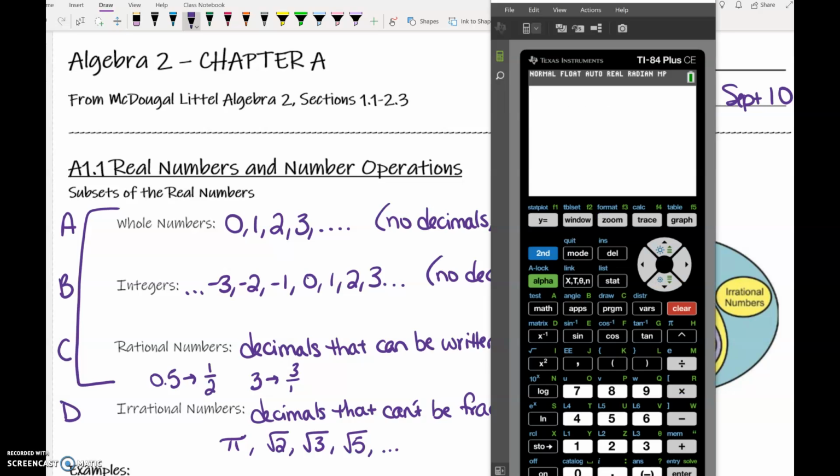On my calculator, if I type in the square root of 2, I get this crazy long decimal that keeps on going and doesn't ever stop. It just keeps going and doesn't repeat. If I try to change that to a fraction, so we learned yesterday, math button, enter, enter, it doesn't work. It doesn't change it to a fraction.